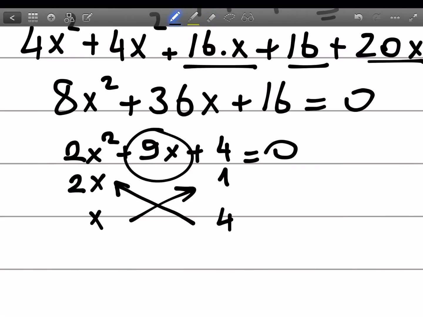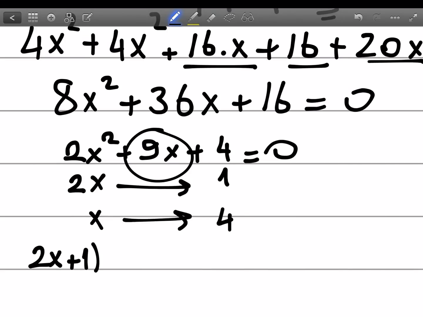Then we can write this side by side: (2x + 1)(x + 4) will be 0.